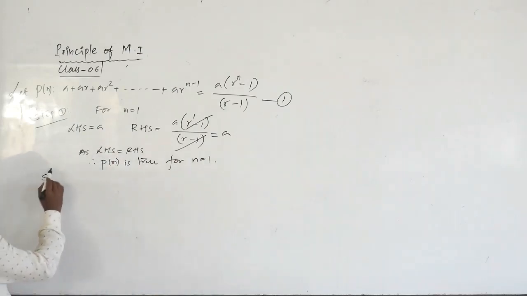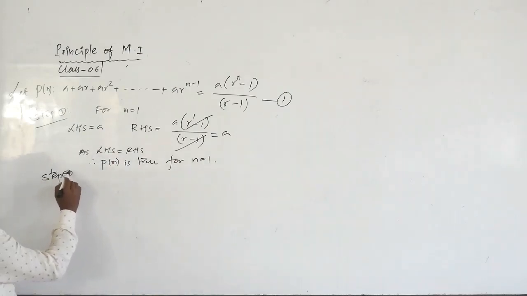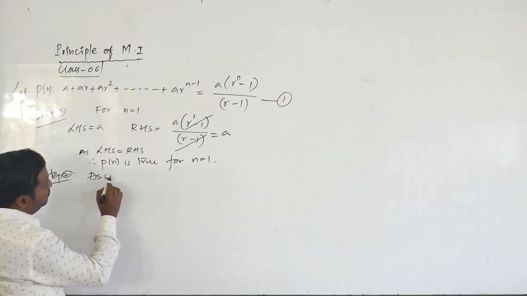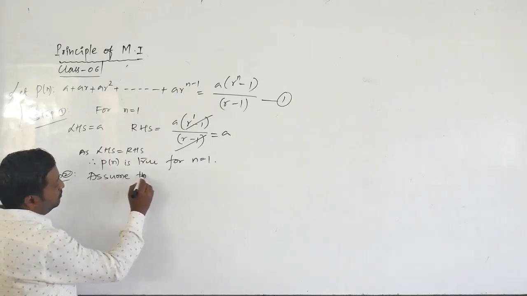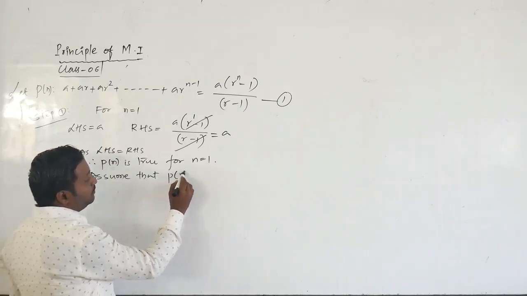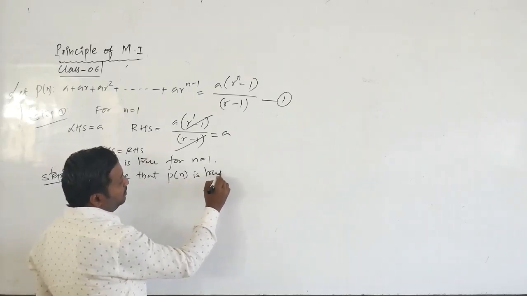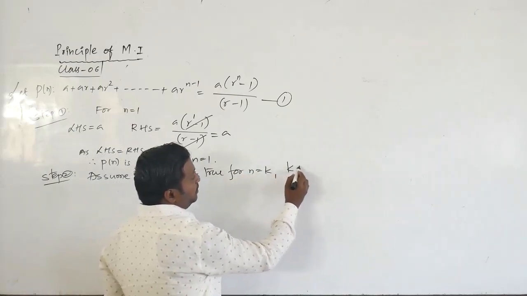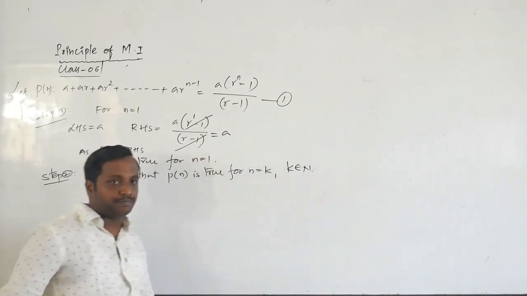Next, step 2. Assume that P of n is true for n is equal to k, where k is some natural number.